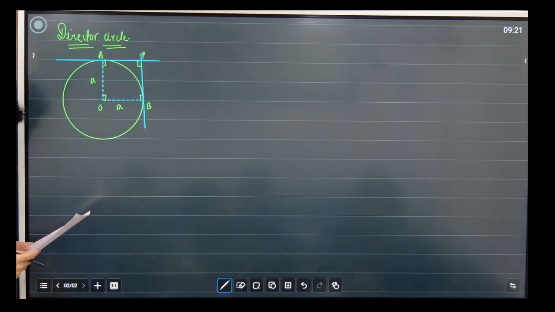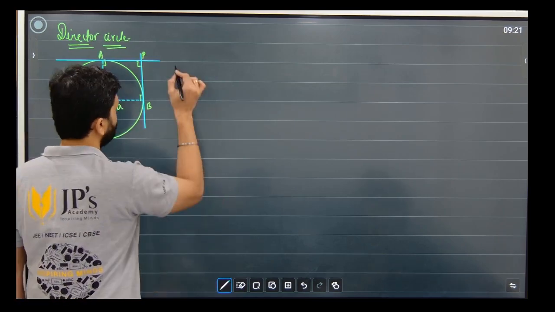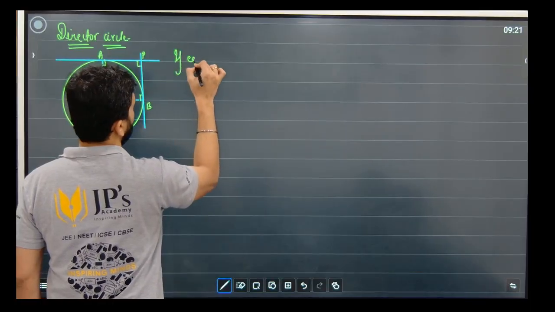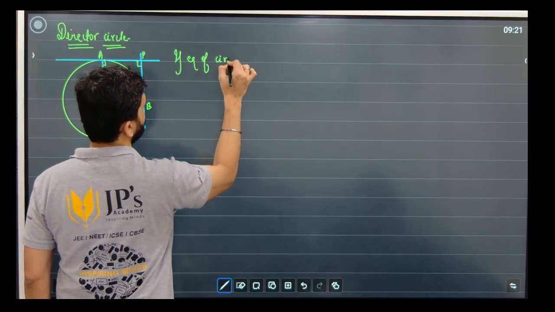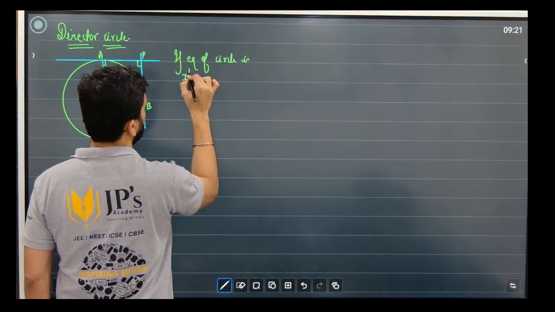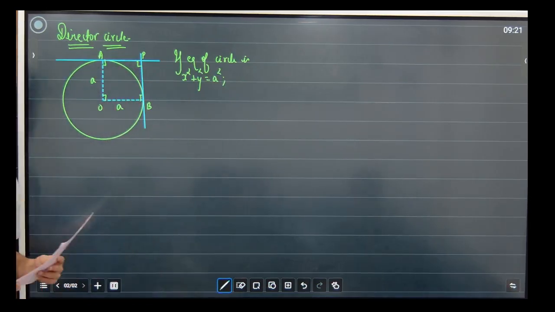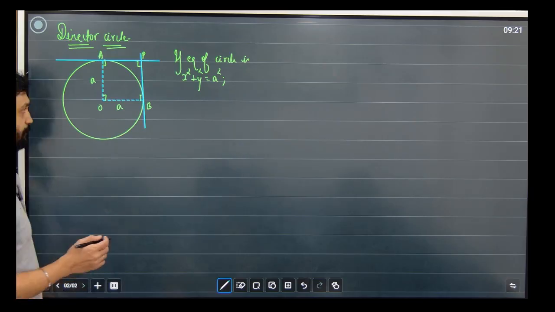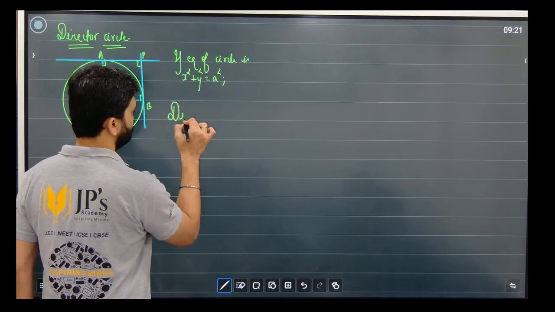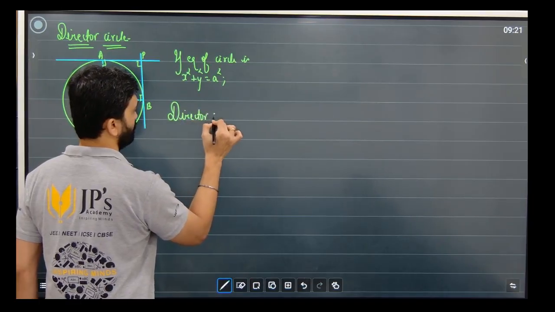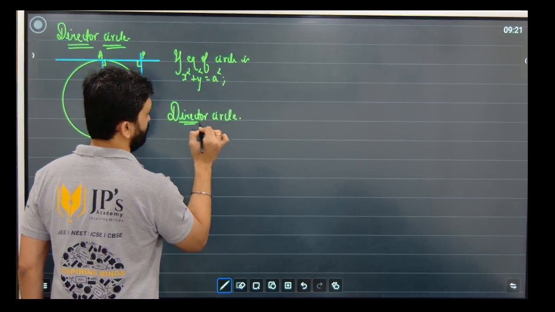Now if the equation of circle is x square plus y square is equal to a square, let's find the director circle.